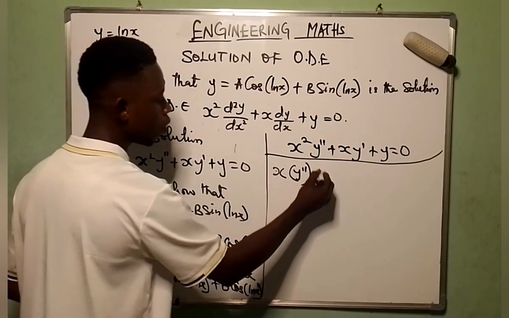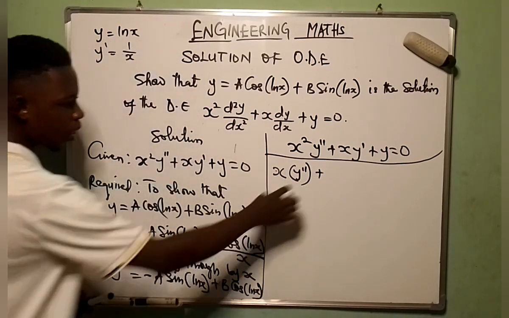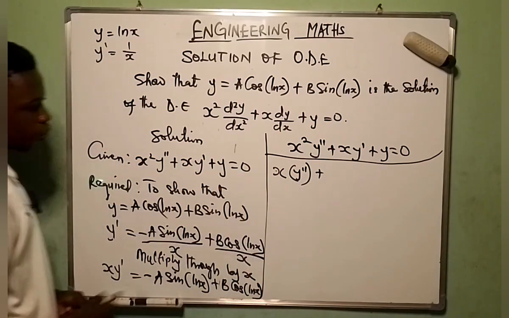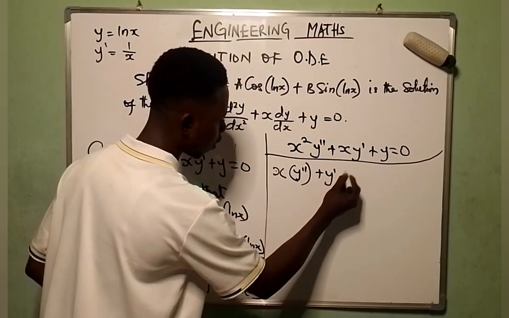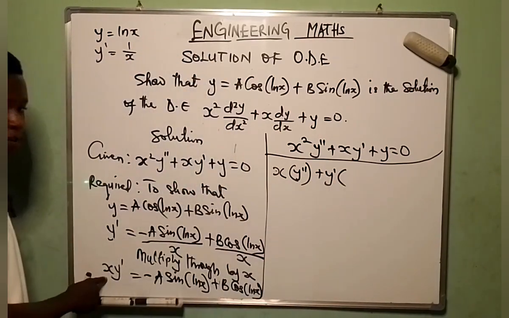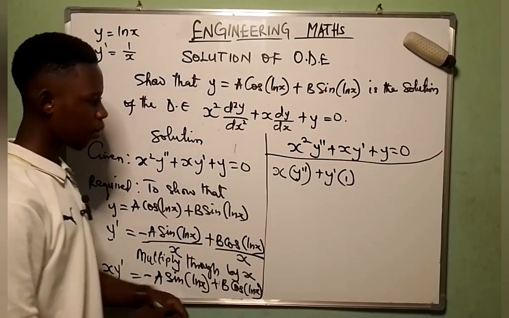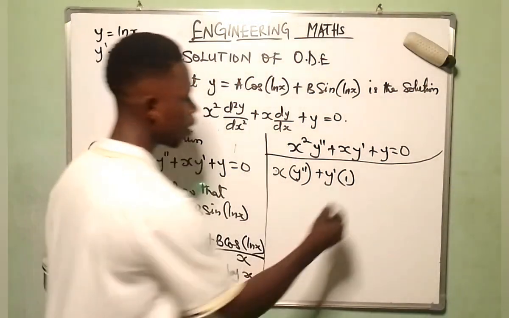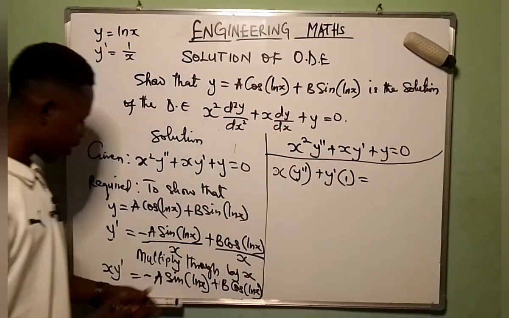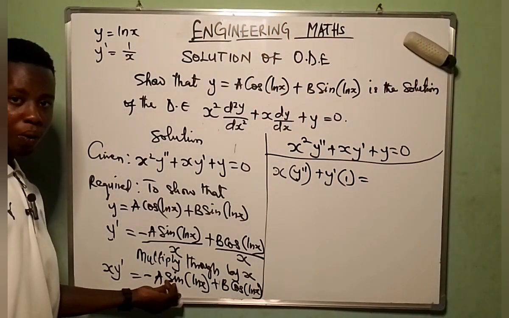You now keep plus, that one that you differentiated, which is y prime, you keep it constant, and then differentiate x. If you differentiate x, you have 1. This is what I mean. You've gotten it. Now equal to, we will not differentiate this one the normal way we differentiate.